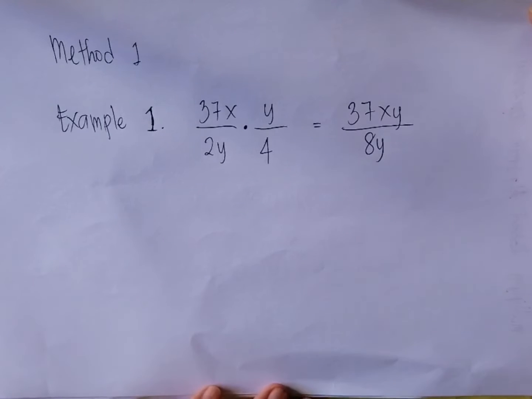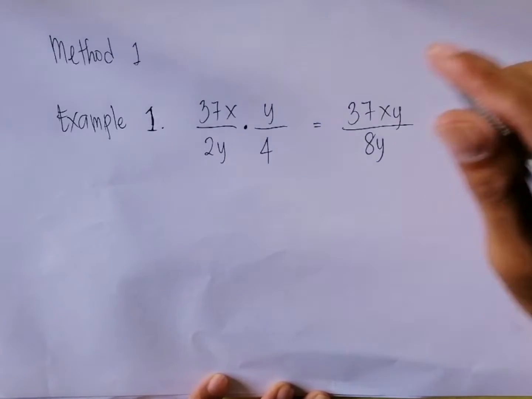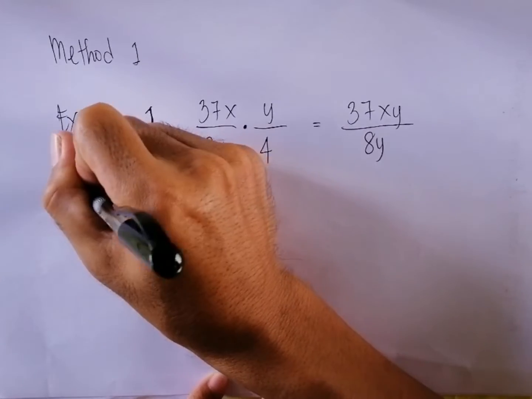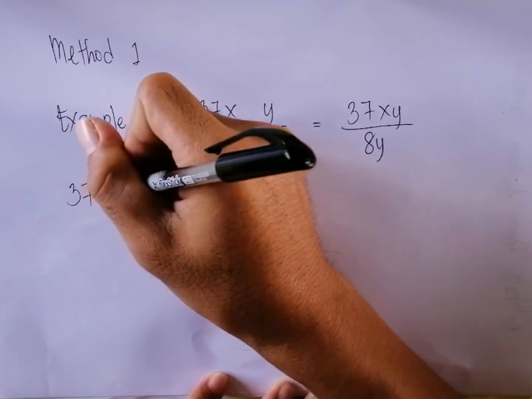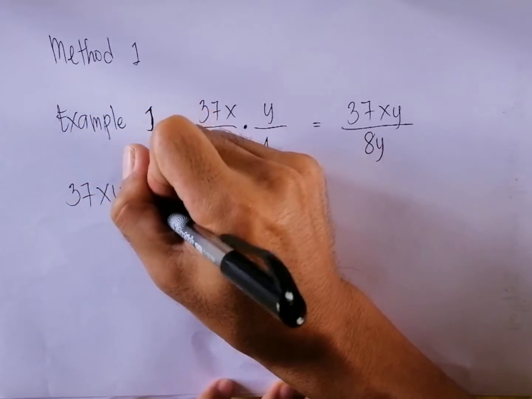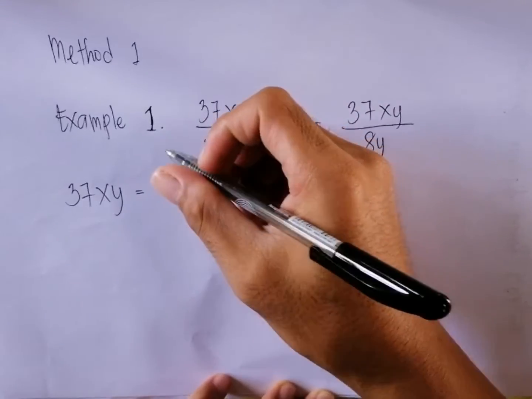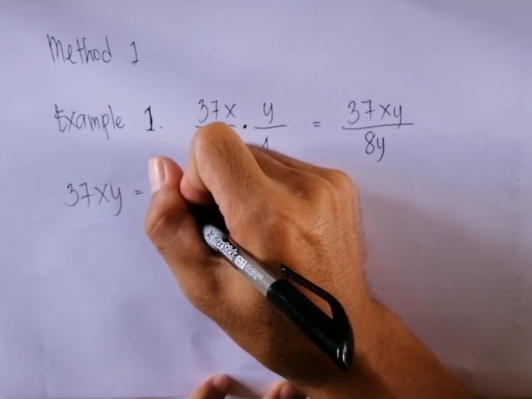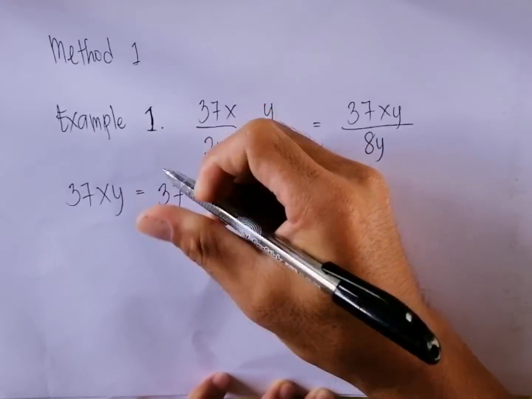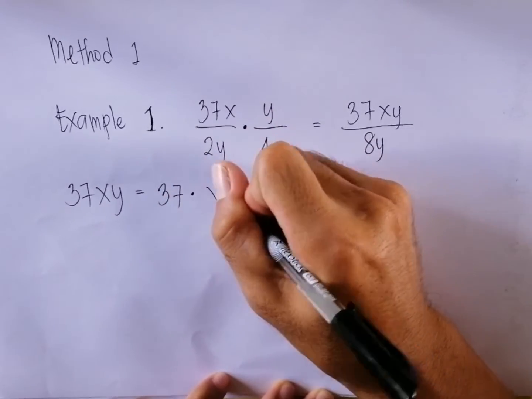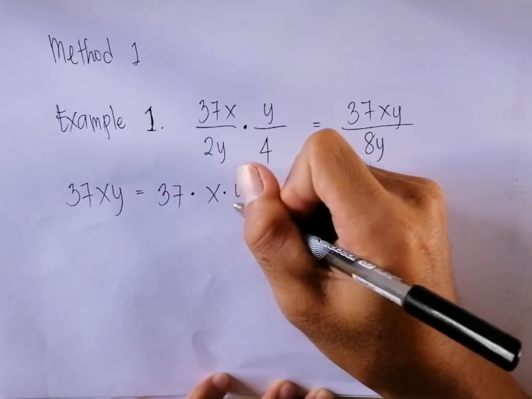Next step is find the greatest common monomial factor of the product of numerators and denominators. For 37xy, that is equal to 37 times x times y.